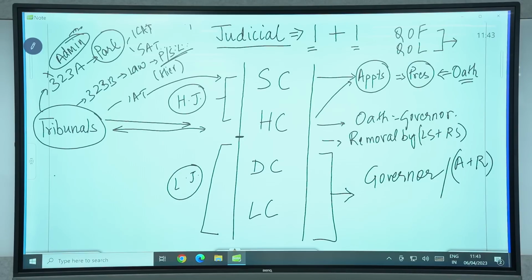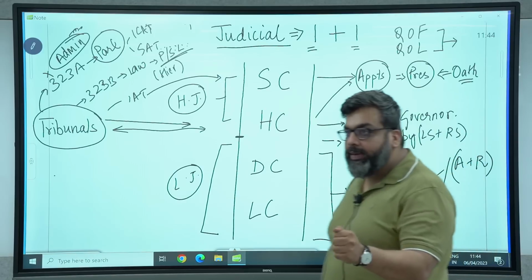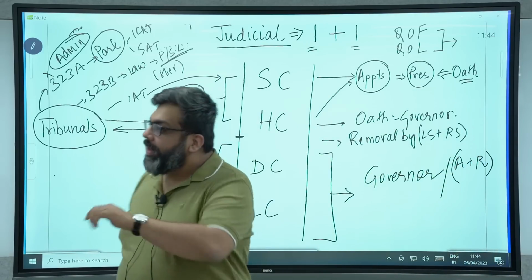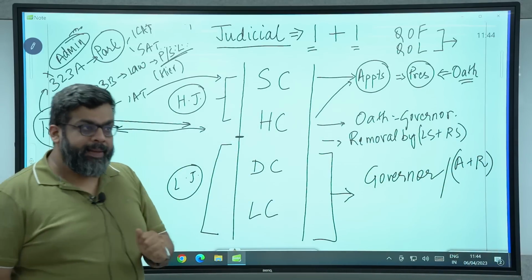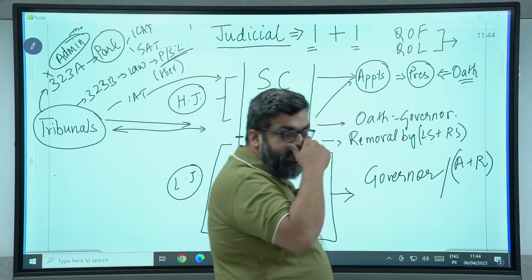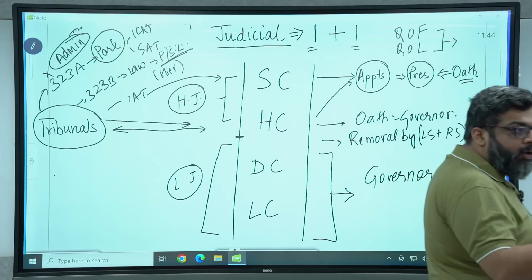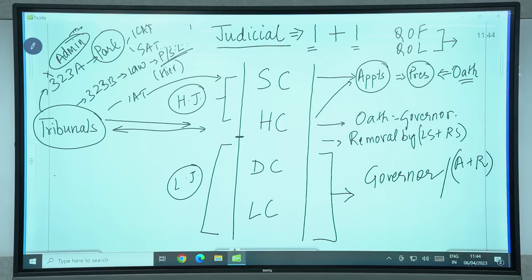The point is a fairly simple one. You've got two kinds of tribunals. One for administration under 323A, two for everything else under 323B. For administration, only the parliament can make a law for it. You will have one tribunal for center and different tribunals for states. But one tribunal. There will be one state administrative tribunal.